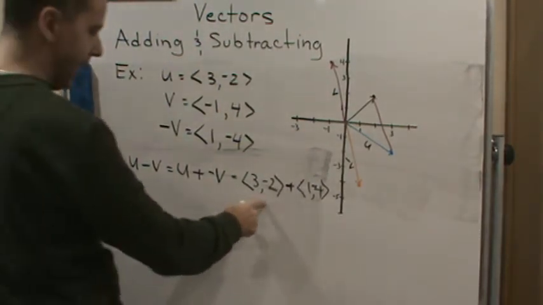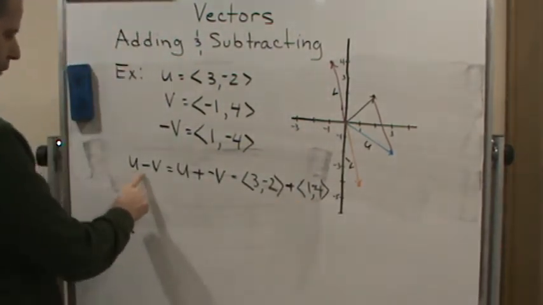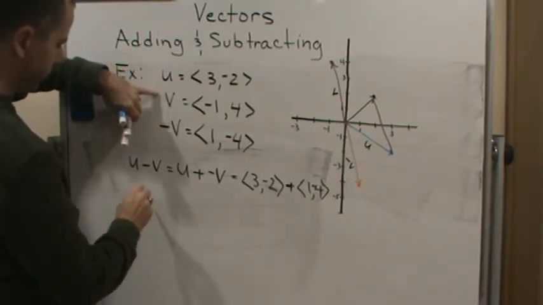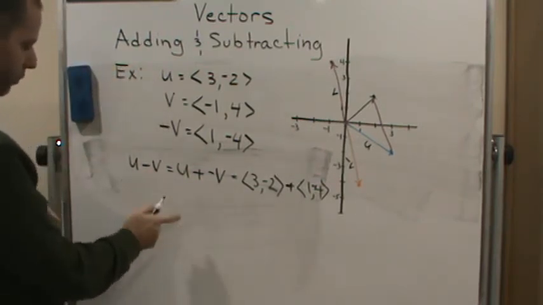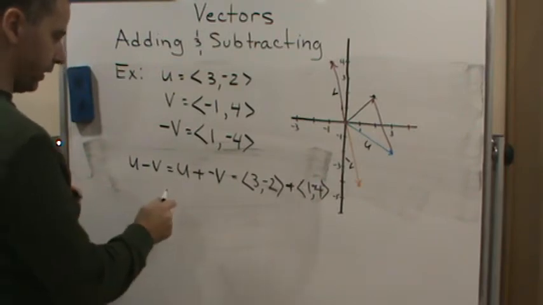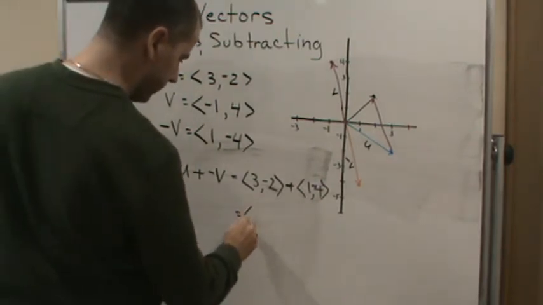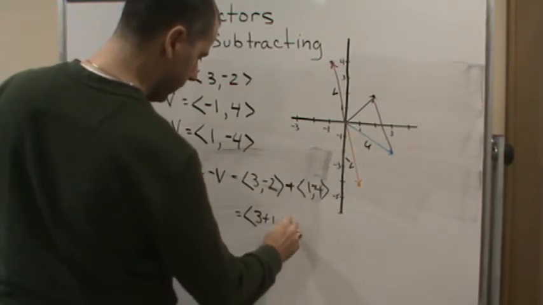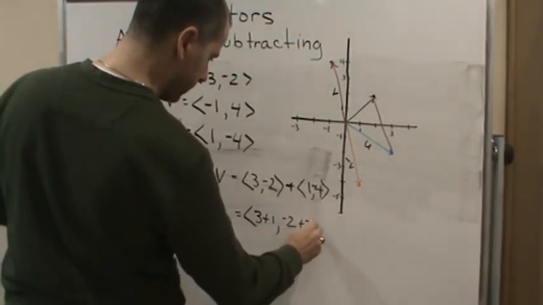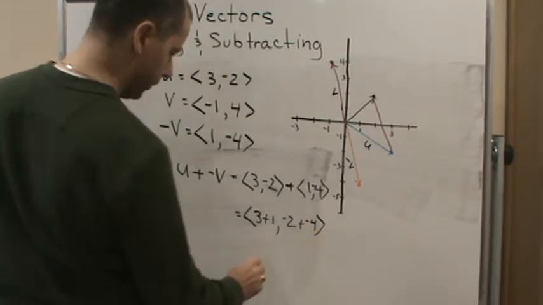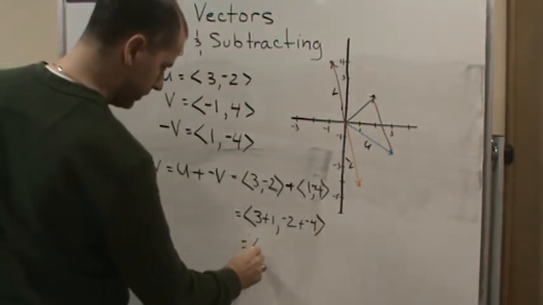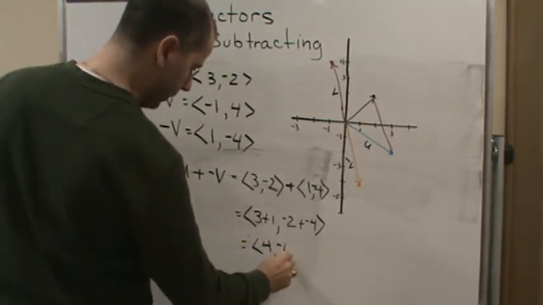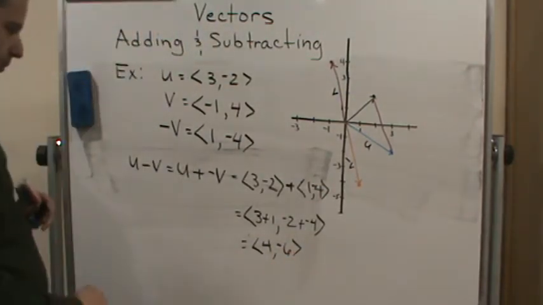Okay, and then we just add them component-wise. Same thing, okay? So here, we're going to get 3 plus 1, comma, negative 2 plus negative 4, okay? Which would give us 4, comma, negative 6.